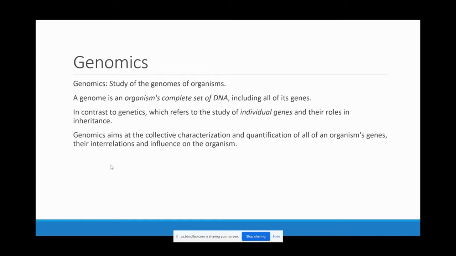And it's going to give you information about those genes' interrelations and the influence on whatever organism you're looking at. So if you're looking at a human, you might classify all of its genes and then say, oh, this gene looks different than another person's gene. And so we know that this gene influences certain diseases.